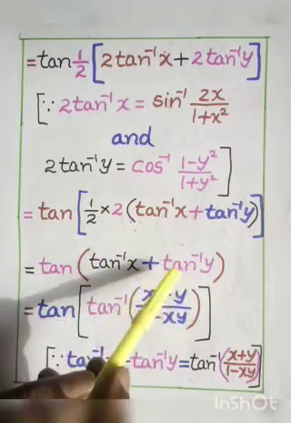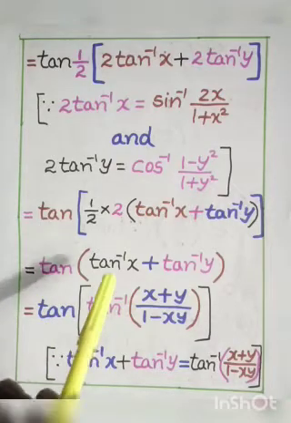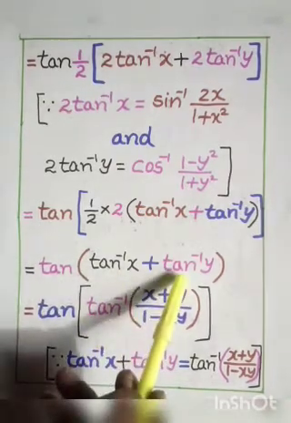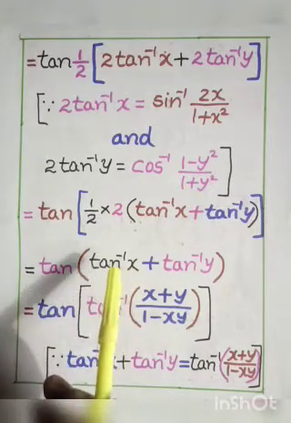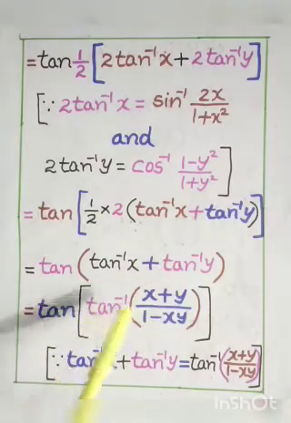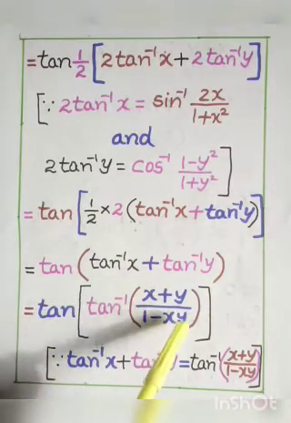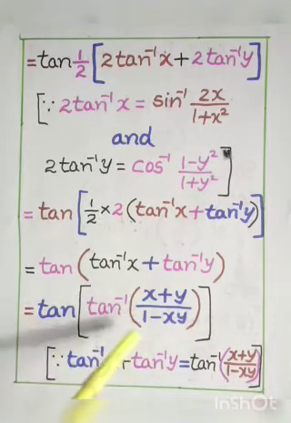Understood this step, my dear children? Right. That is equal to tan of, it is in the form of tan inverse x plus tan inverse y. There is a formula in the inverse trigonometric chapter. Tan inverse x plus tan inverse y is equal to tan inverse of x plus y by 1 minus xy. This is the formula. Okay, my dear children. Understood this step, my dear children?